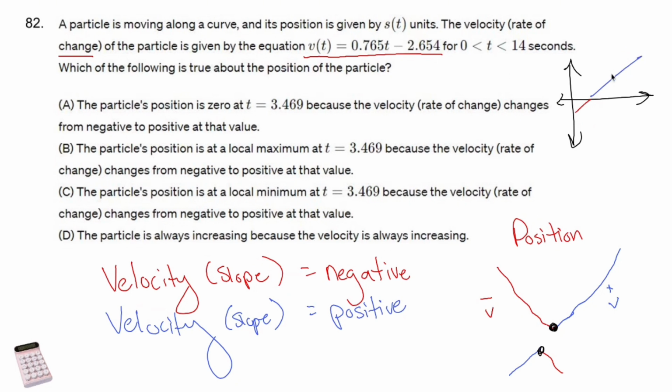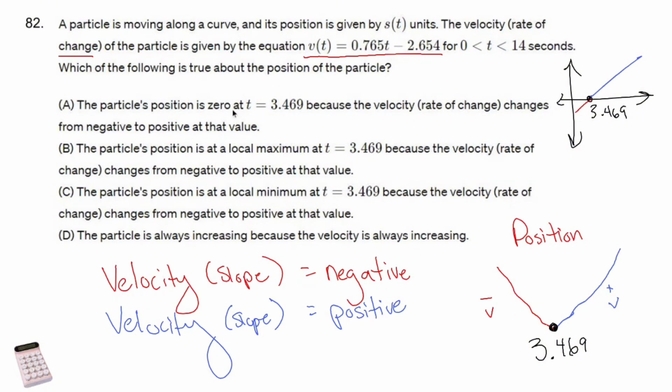So 3.469 is telling us that we have something that looks like this, so I can get rid of you because you're no longer a viable option. We have a position where this particle is like traveling down some type of roller coaster and hits the very bottom at time 3.469 and then goes back up again. So this is a local minimum at 3.469.